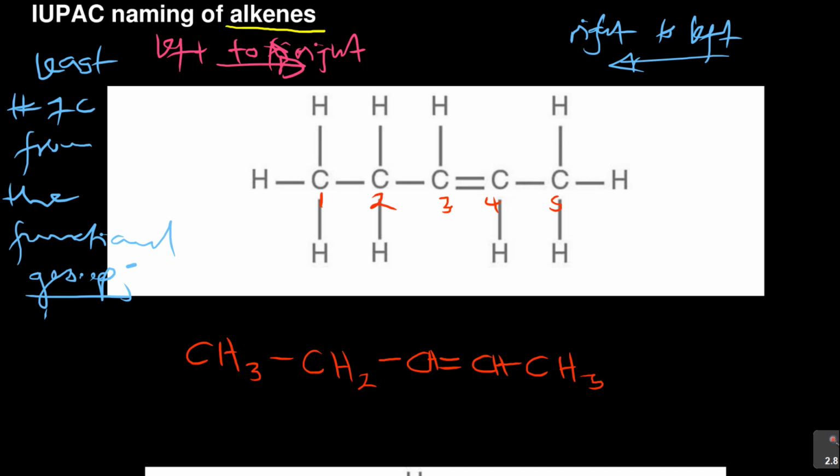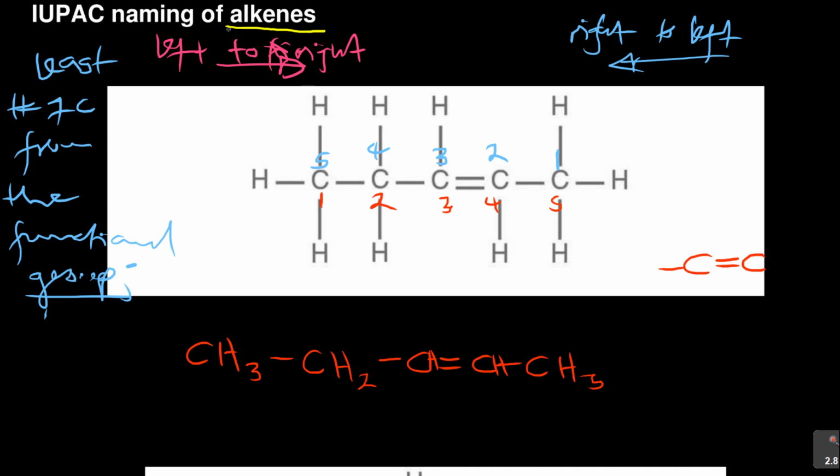Now look at this. If I name this compound going from right to left, this is carbon number 1, this is carbon number 2, this is carbon number 3, this is carbon number 4, this is carbon number 5. So the most interesting side is for me to ask, where is the carbon, double bond, carbon having the least number?